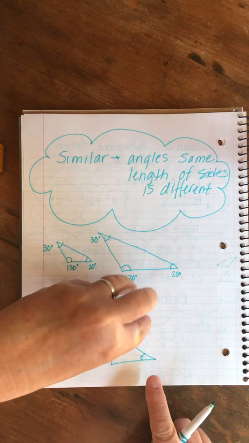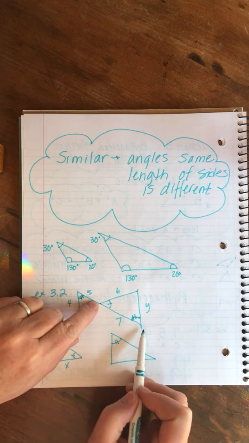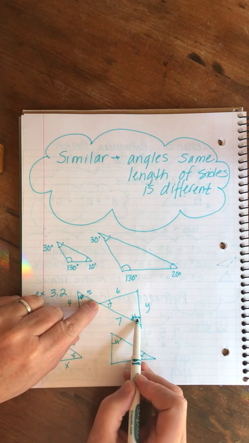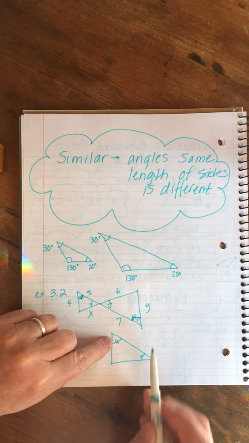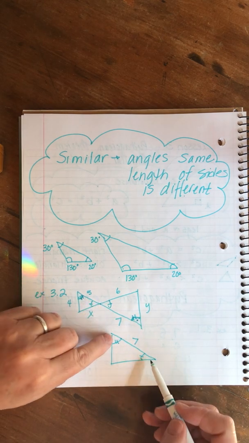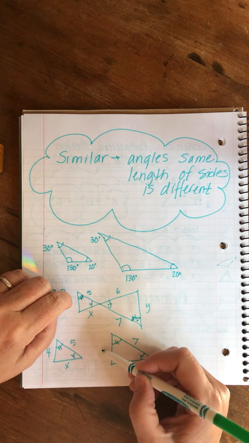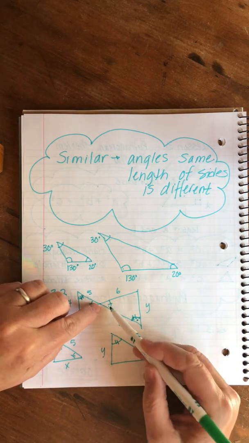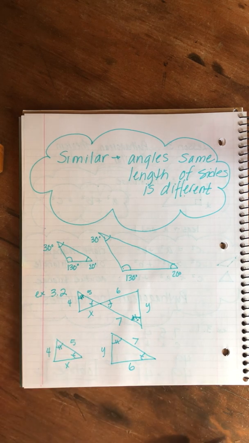Now I have to relabel it and keep my orientation straight. So here's the side between the single and the double mark. That is 7. So here's the single and the double, and that is 7. See how I used these marks to orient myself? The far end is Y, and then 6 is along here. Okay?